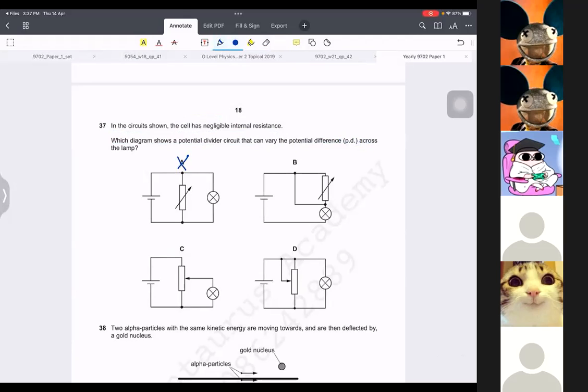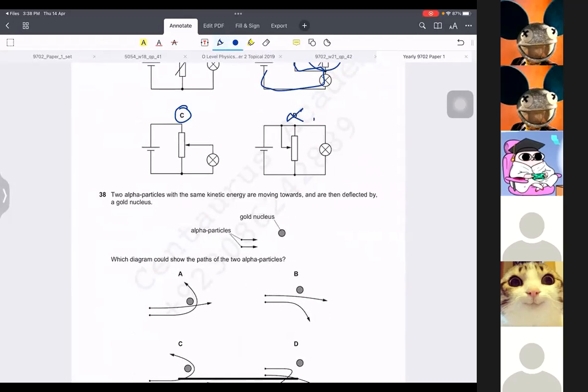This is a wrong circuit because the current will just go from here to here and never reach there. And this circuit is a parallel series circuit, in the sense that the current will go halfway, or if it was connected here, it will go full length. So this is the correct way to make it. This is a parallel circuit. That's wrong.